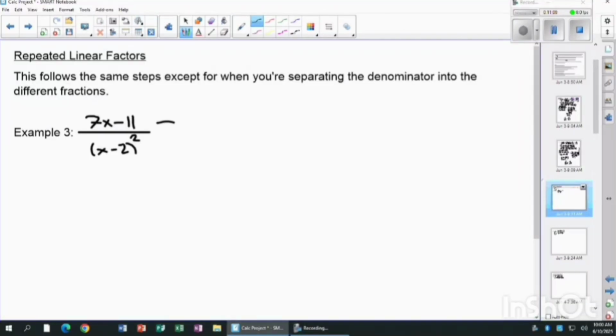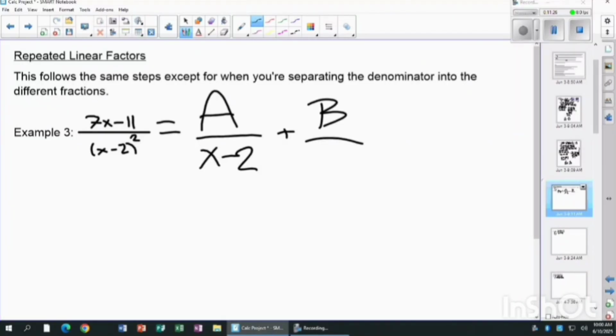You don't have to factor the denominator, it's x minus 2, x minus 2, but it's only a little bit different. It's generally the same steps, just a little different with the denominator. So you still do a over x minus 2, but when you're doing the next one, you keep the square. So it would be b over x minus 2 squared. So I still have to multiply by the denominator to cancel them out.